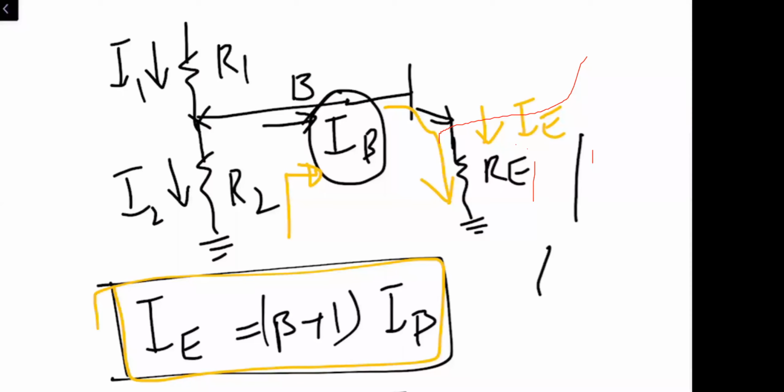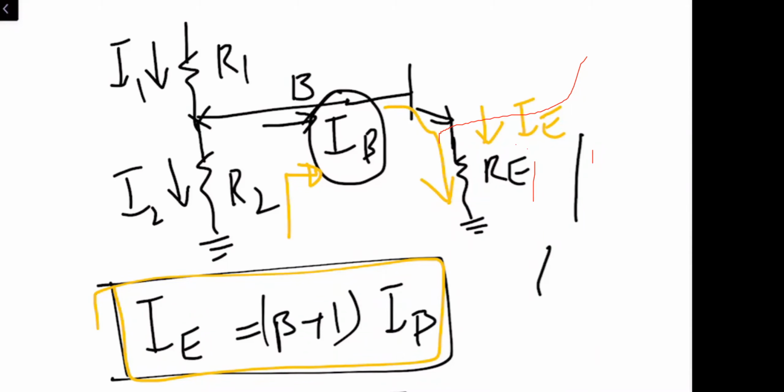Once it is moving towards the emitter, the relationship between the emitter current and the base current is correlated with beta plus 1 times. Now the resistance which is going to be seen by the base current will be enhanced by beta plus 1 times.